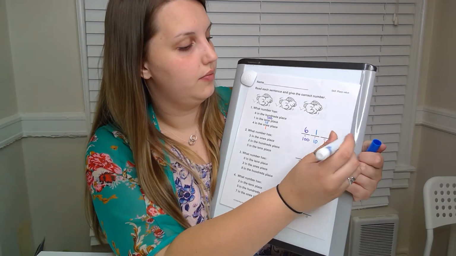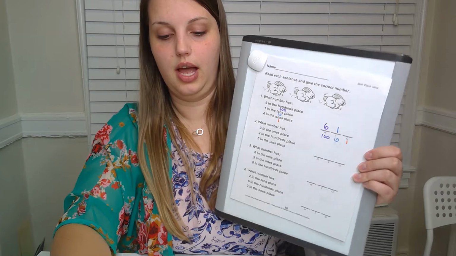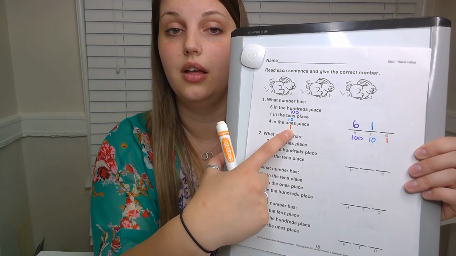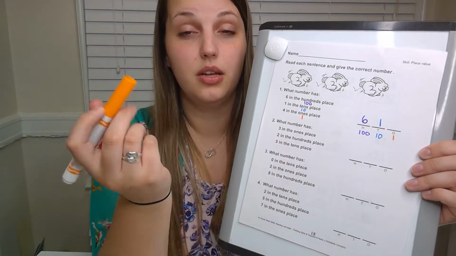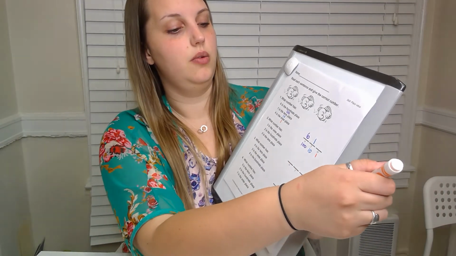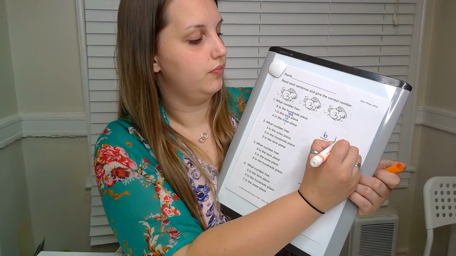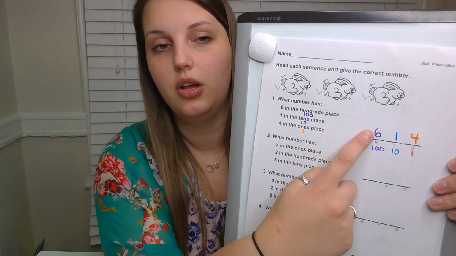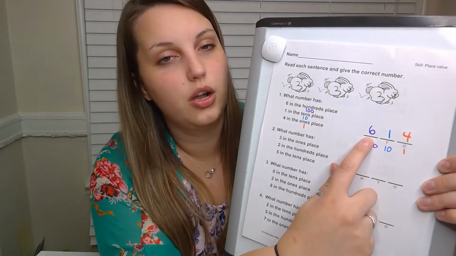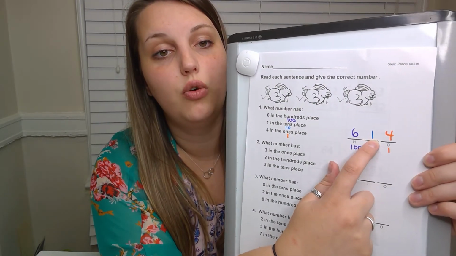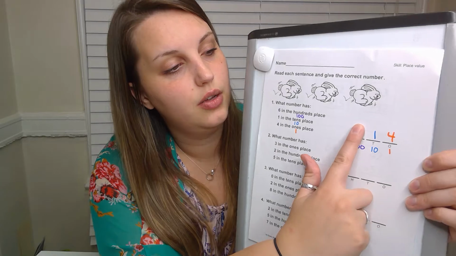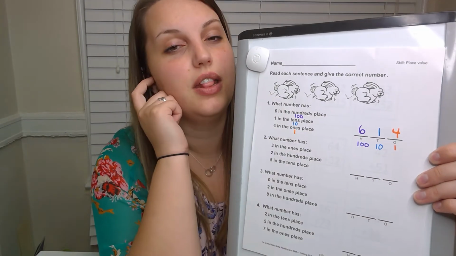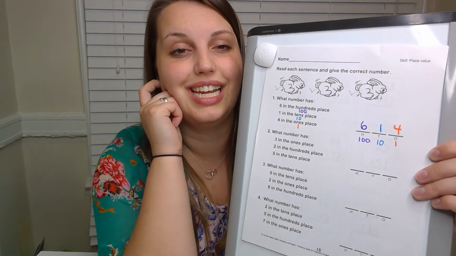A 1. And then the last sentence says 4 in the ones place. Right. Have our orange. What goes in the ones place? 4. You got it. We've written our number. So altogether, our number is 614. We see that 14, we know that number. And then we add a 6 in the front, and that becomes 614.